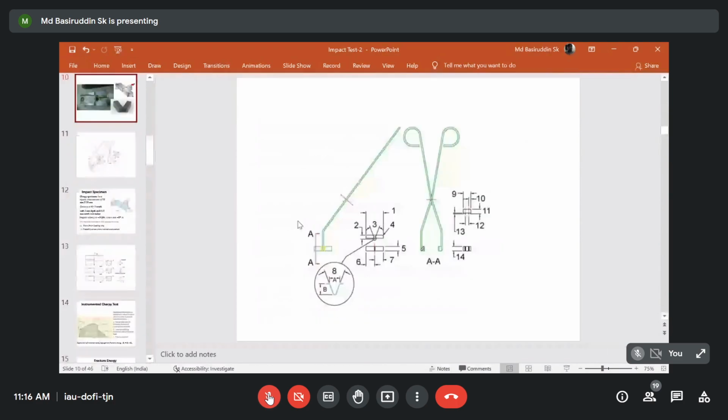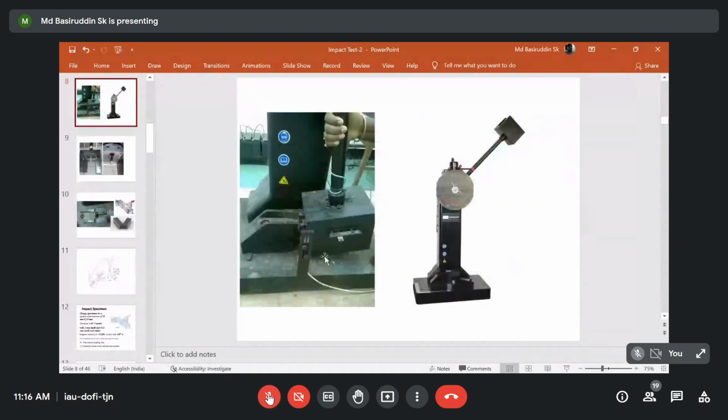Generally, in this particular machine, you will see a wire is attached here, so a light or electrical signal is there. When the hammer passes through this anvil, how many seconds it takes, that actually gets measured. Now when you put the material over the anvil, it will restrict or change the velocity of the hammer, or change the movement of the hammer.